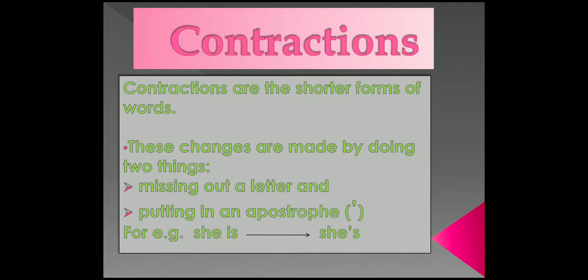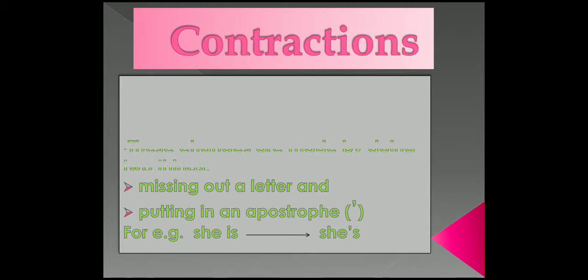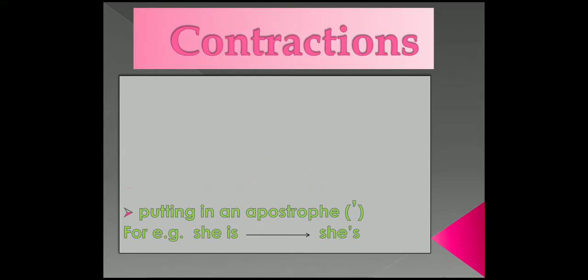We make them in a shorter form by doing two changes: we miss out a letter and put an apostrophe in its place. An apostrophe is just like a comma, but we put it on the top of the letter.